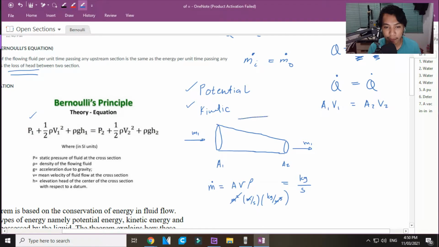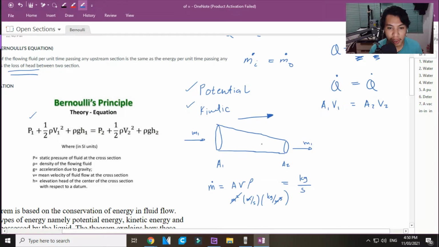What will happen if your flow from a big cross-sectional area to a small cross-sectional area? Babagal ba yung fluid mo? Anong nangyari ba dun? Di ba pag pinaliit mo yung butas sa isang bagay, pero the same pa rin yung ine-exert niya, bumibilis yung fluid?